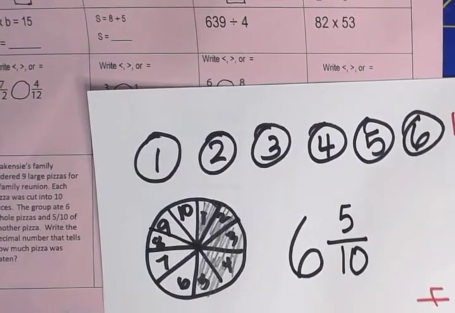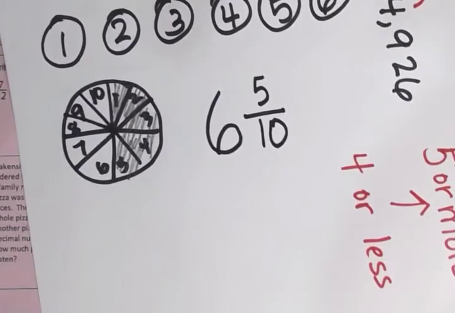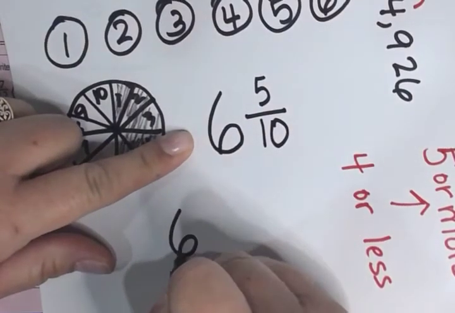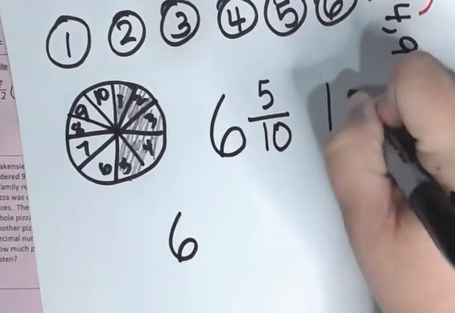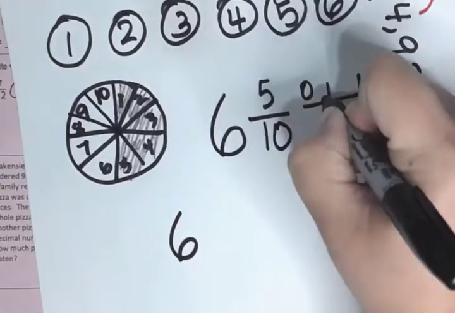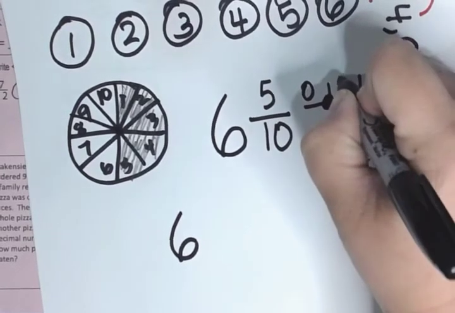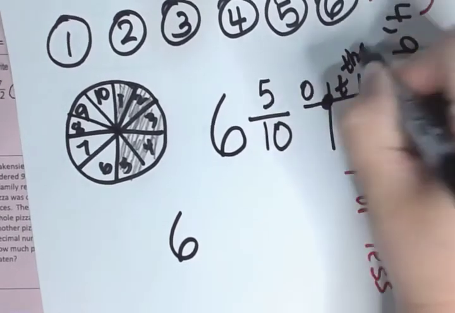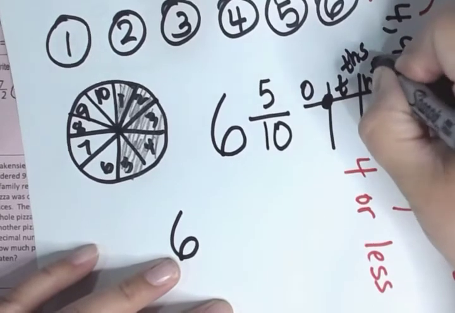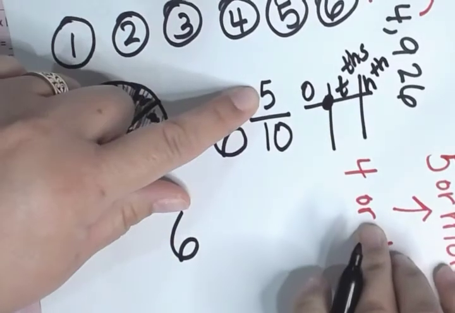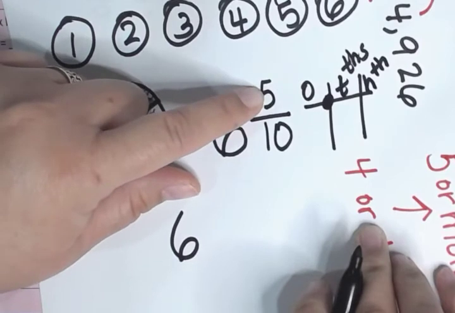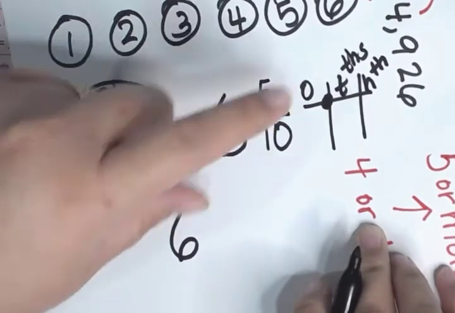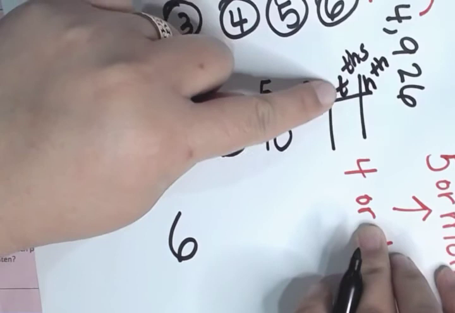Now, this is asking you for a decimal. So I'm going to write 6. Now think. We've talked about this before. Ones, decimal, tenths, hundredths. Your 5, if you read it, 5/10, that means it's in this section right here.